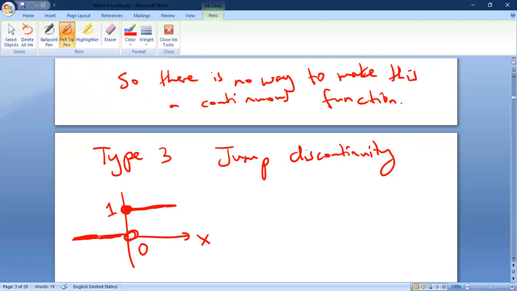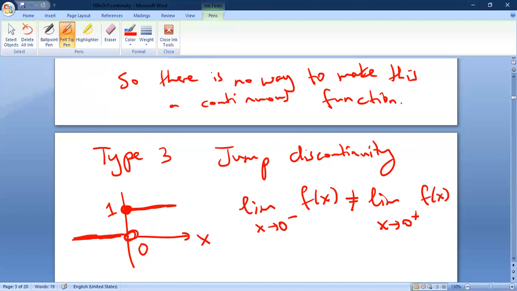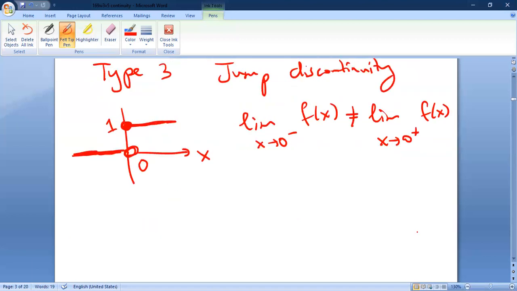Okay, there is no way to fix this either. So a jump discontinuity is something where from the left, the function has a limit which is not equal to the limit from the right. So this is called a jump discontinuity. Again, it doesn't matter what the definition of the function is.